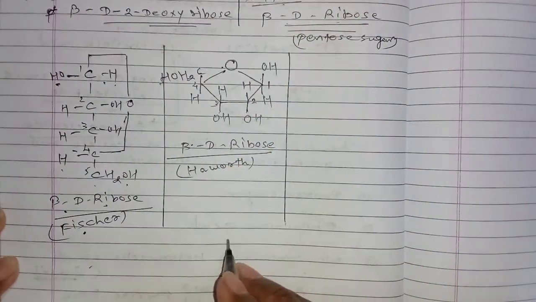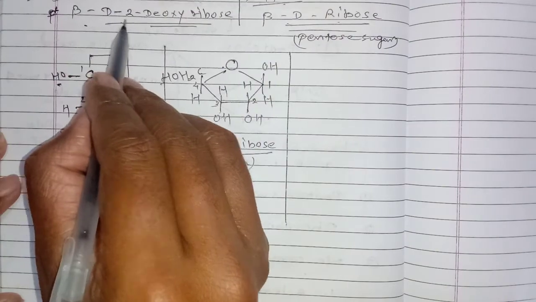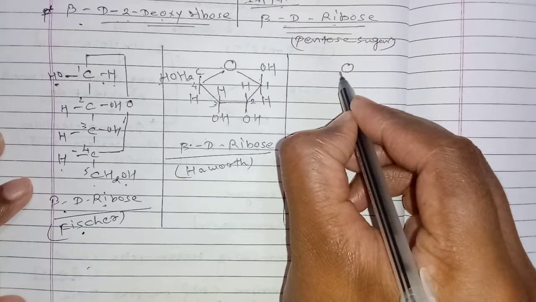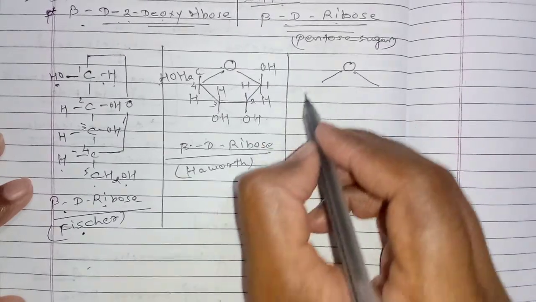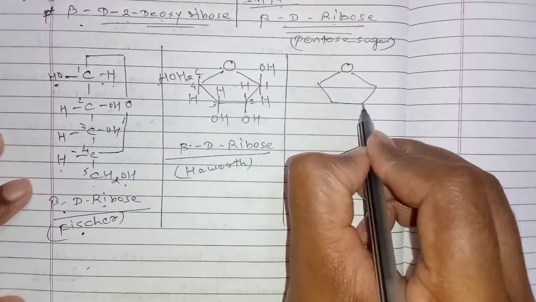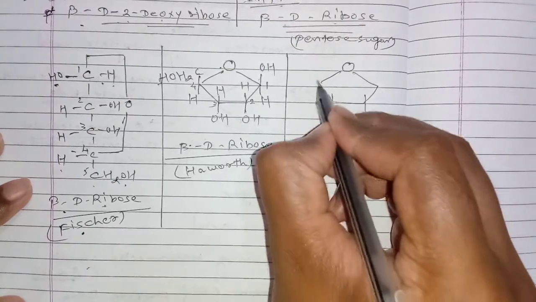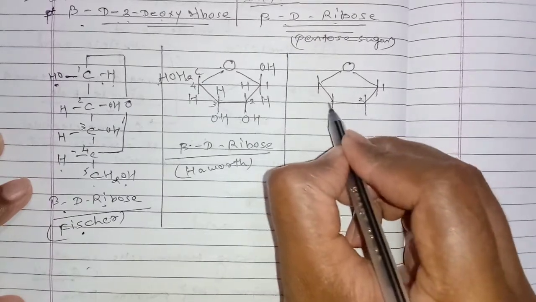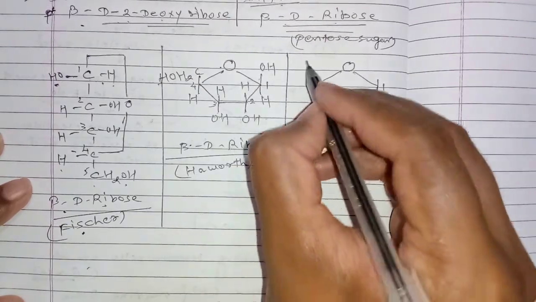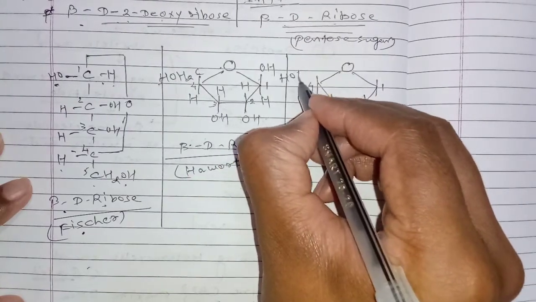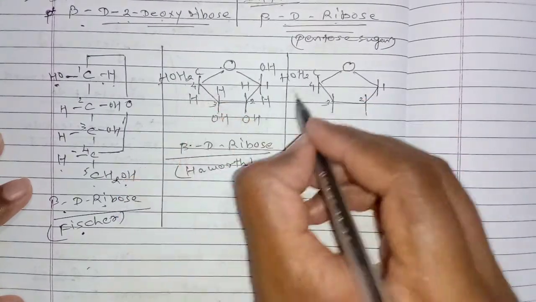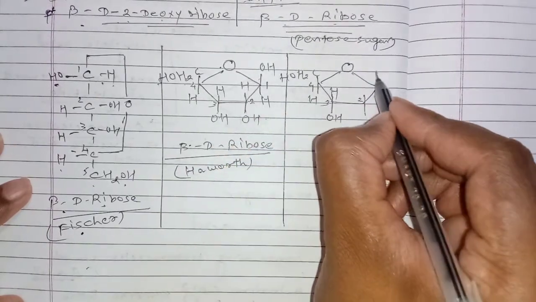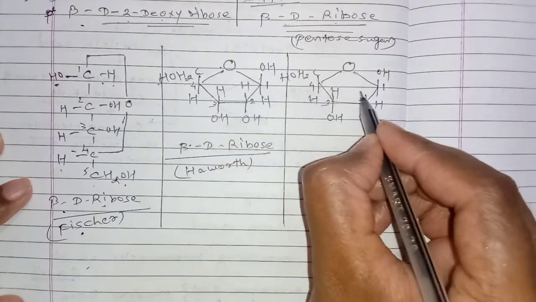Now the structure of beta 2 deoxy ribose also contains the same structure, but the only difference is that the first, second, third, fourth and fifth carbon all remain as they are. Here the OH and the hydrogen.